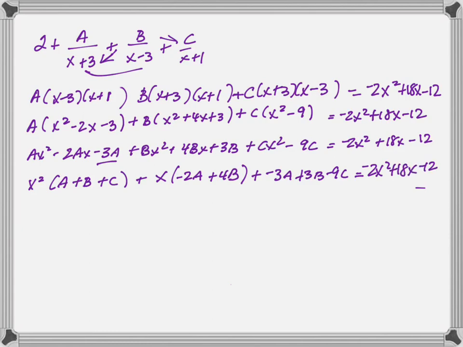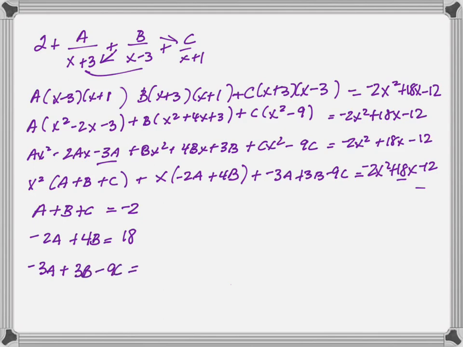Okay, so that means that a plus b plus c is equal to negative 2. It also means negative 2a plus 4b equals 18. And negative 3a plus 3b minus 9c equals negative 12. All right, so you're looking at solving these, and so these don't have a c, so let's eliminate c from these two.